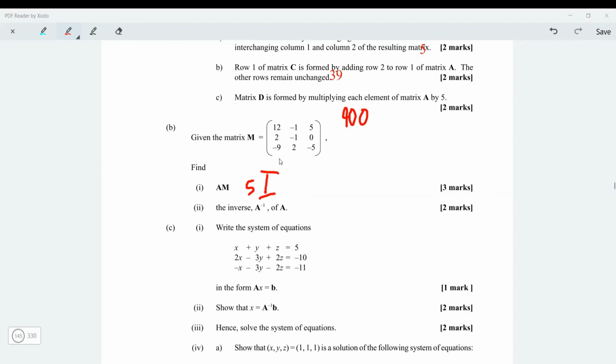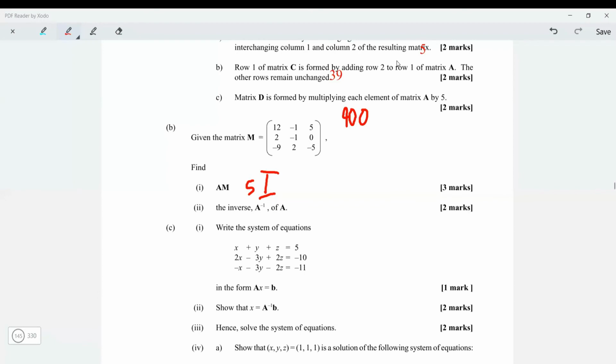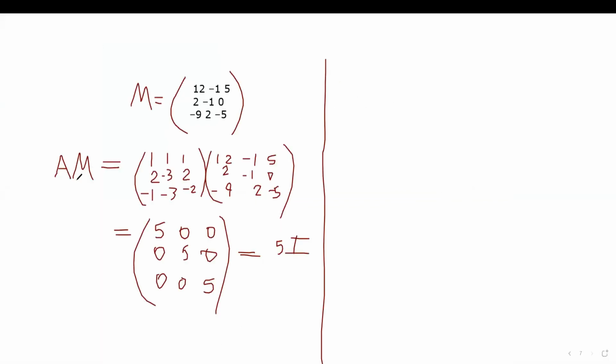So hence they want us to deduce, is it A inverse or M inverse? Let's look back. Deduce A inverse. So to find the inverse of matrix A, we can realize, therefore, that A inverse is going to be equal to 1 over 5 times the matrix M. That's going to be A inverse.